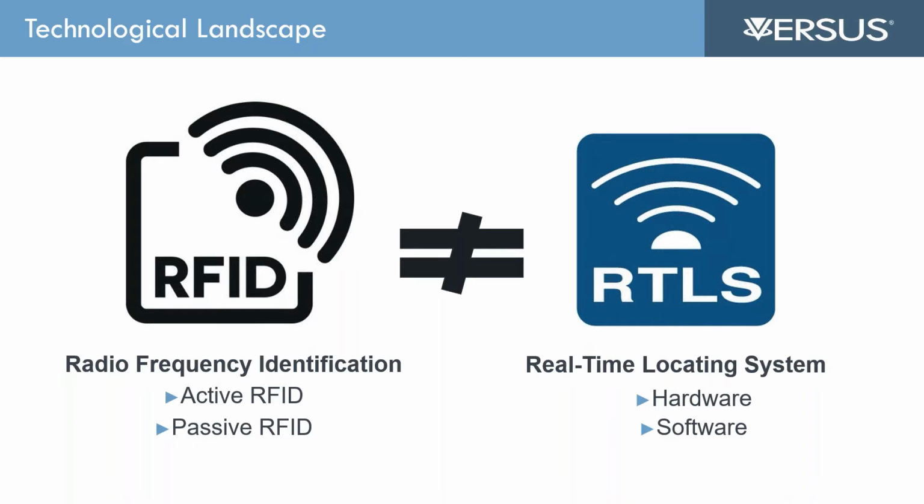Passive RFID is a tag that contains information, but it has no power. There's no power source, and it's often something that's read by another device, and it actually pulls the power from that device and transmits the information. The active RFID is battery or powered in some way such that it can transmit a signal and share that ID information to the system.